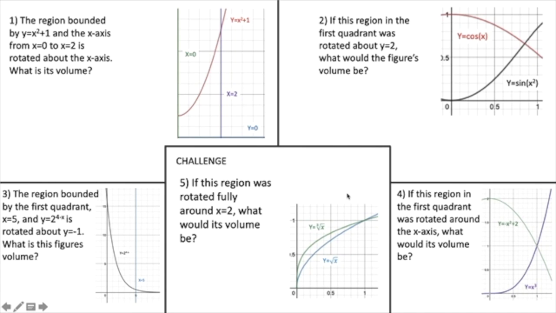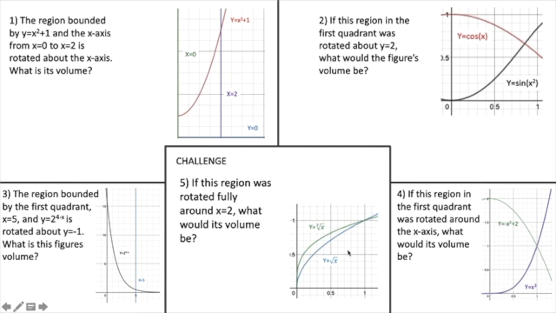And so instead of rotating in a circle like this, you're actually having to rotate it where this side goes the other way. So it's perpendicular to the y-axis, I should say.